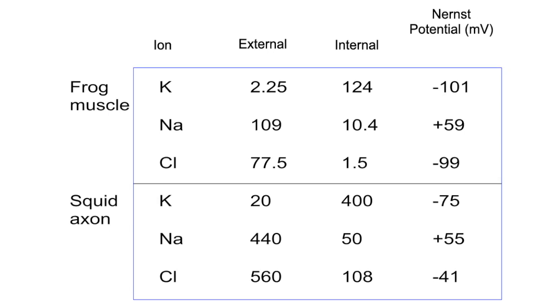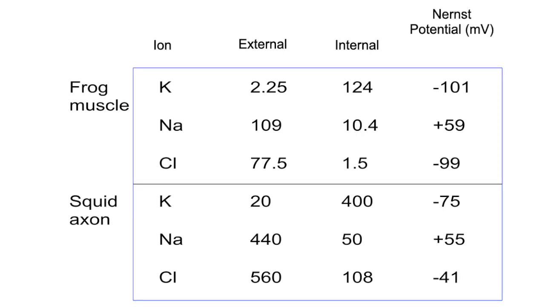Now, here are a couple of cases where we can say frog muscle, squid axon, later we'll see cardiac muscle, and of course each species, each type of cell has potentially different concentrations of the major ions across their membranes, intracellular versus extracellular, and that creates different Nernst potentials for each one of those ions in each one of those species. And that species dependence is something that also is quite relevant, of course.